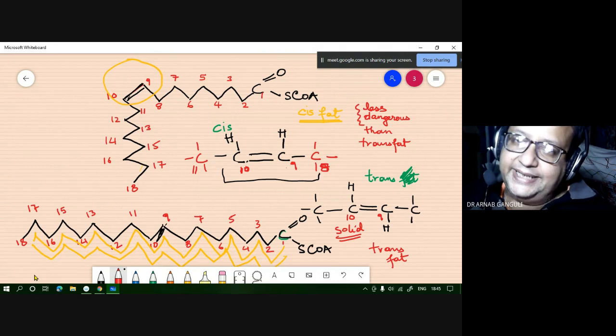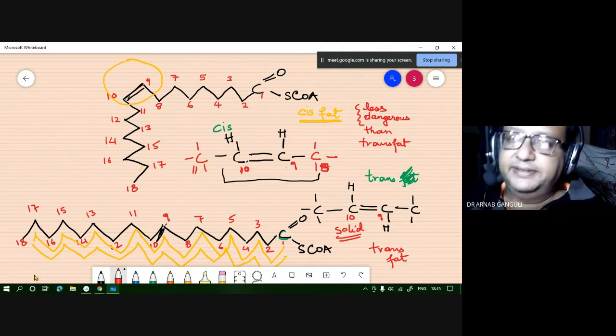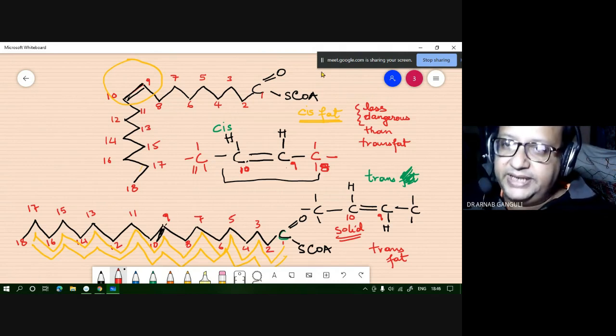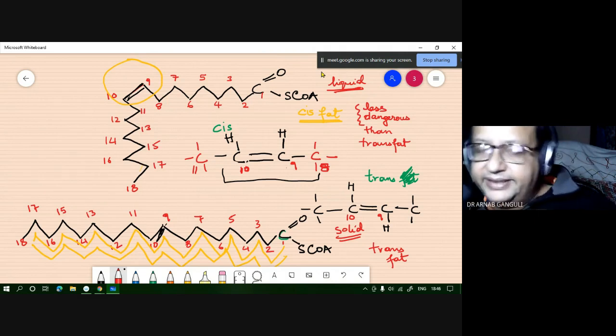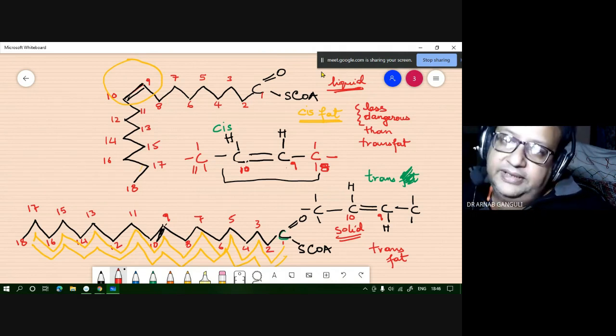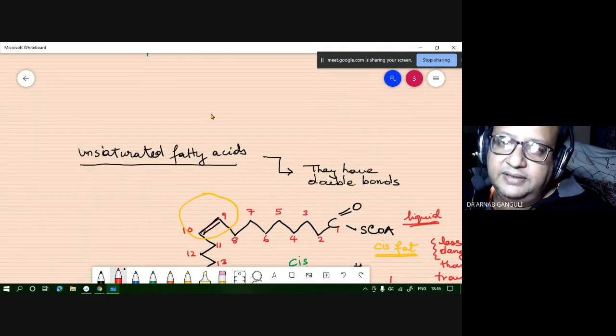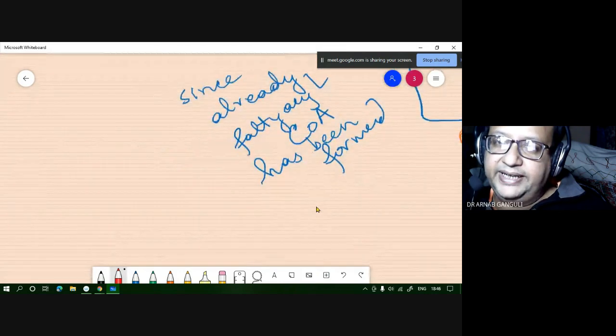The molecule has been twisted, kinked. What will happen? This will stay liquid. So any oil which stays liquid at room temperature is less harmful. We are talking about unsaturated fatty acids.